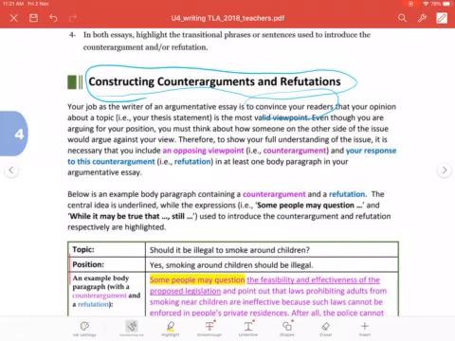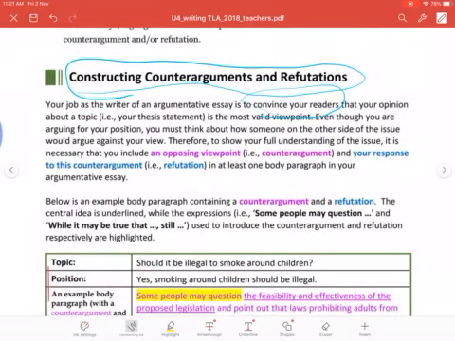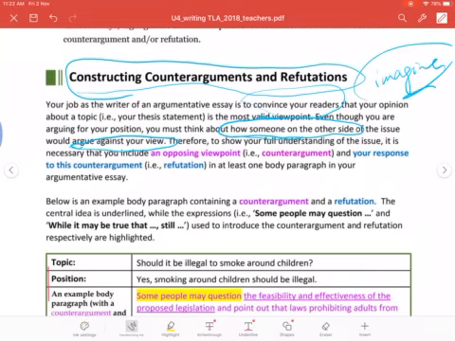There's no way to actually have a conversation with them, but you have to imagine this is a conversation, which is why you need to think about how someone on the other side would argue against your view. This is why imagination is very important, because you have to anticipate some kind of challenge against your argument.